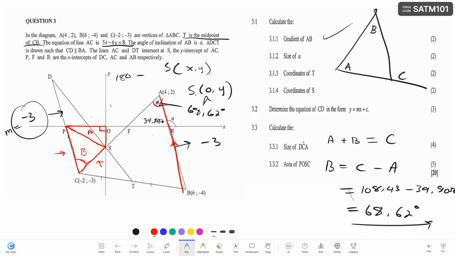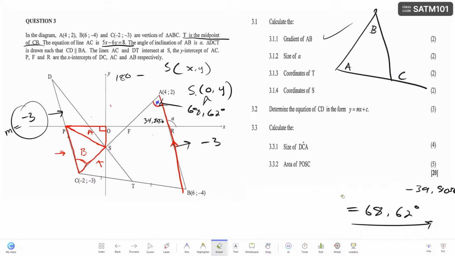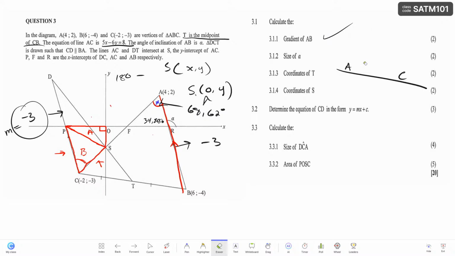So first, we need to calculate the length of PO. So to calculate the length PO is going to be very easy, you will see. So length PO, let me use blue, length PO is equal to, so what is our P value?